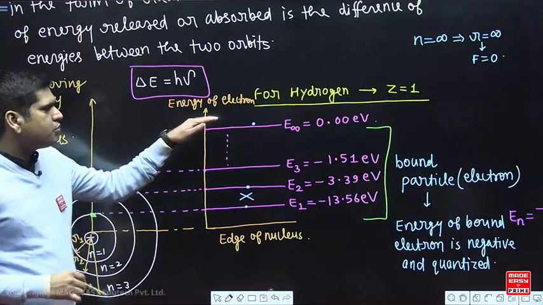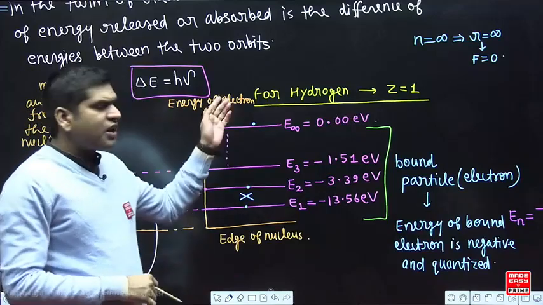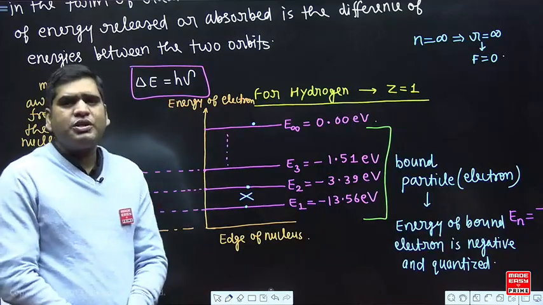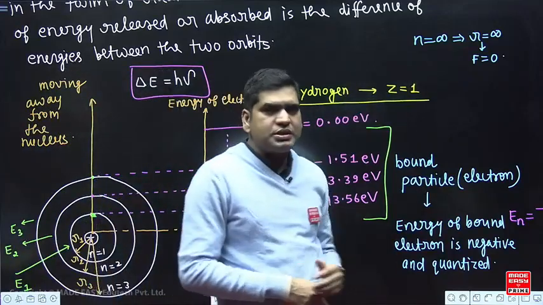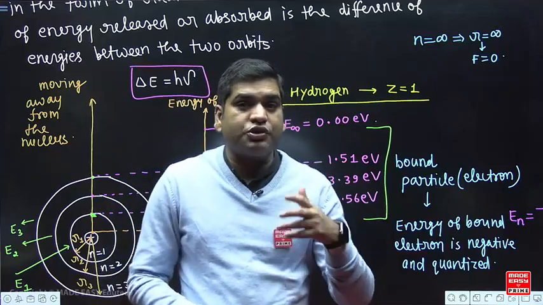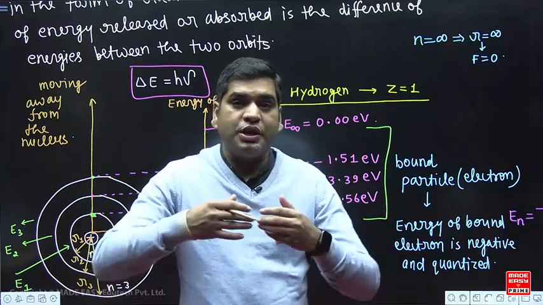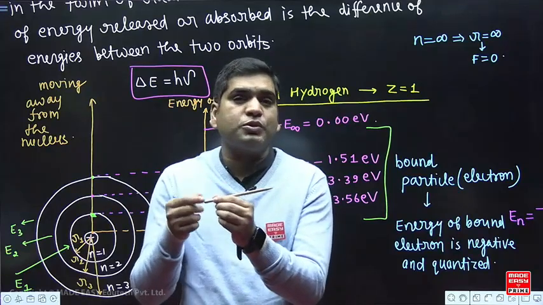If any electron goes far away from the nucleus, meaning infinite distance, then the nucleus will not be able to attract it. Force of attraction of the nucleus is 0. If the nucleus is not able to attract this electron, it will not come closer to the nucleus. It is going away. So this electron is free from the influence of the force of the nucleus.